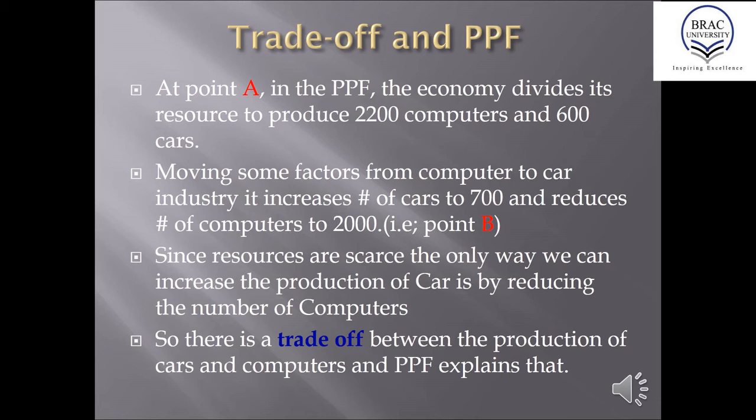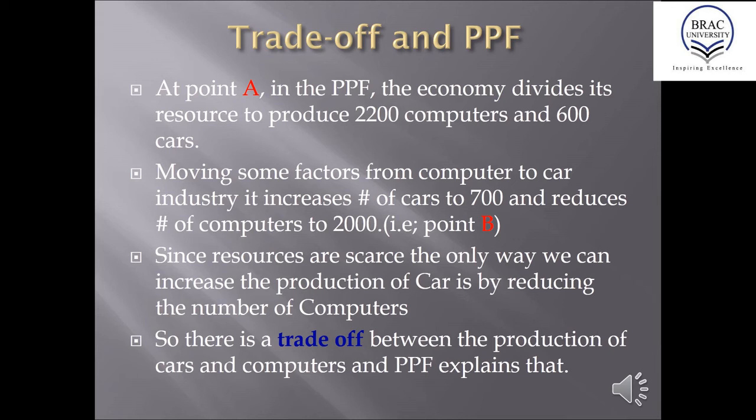So at point B compared to point A, the country is producing 100 more cars, but in so doing it had to reduce the production of computers by 200. And why is that? Because the labor that we have in our economy is fixed and cannot be changed.